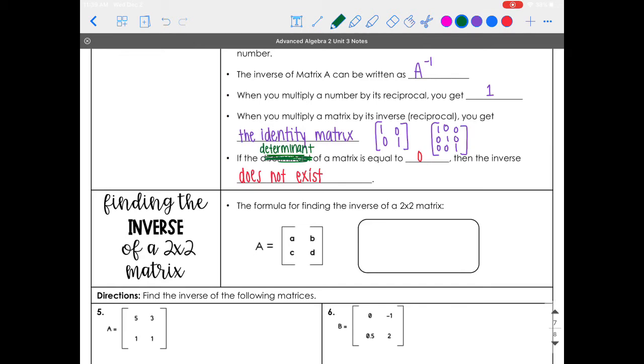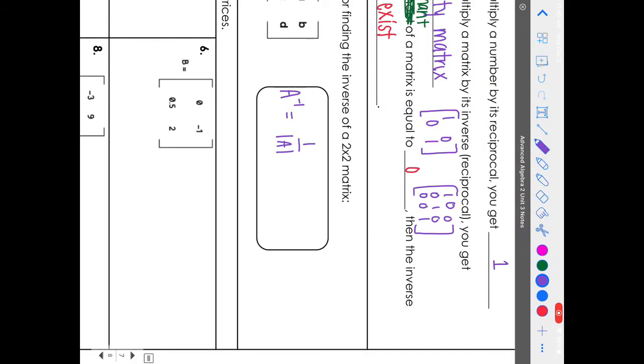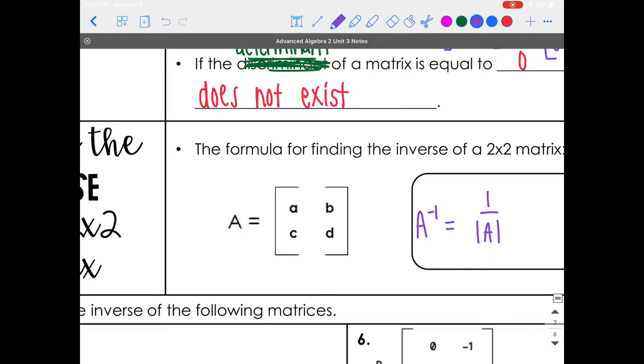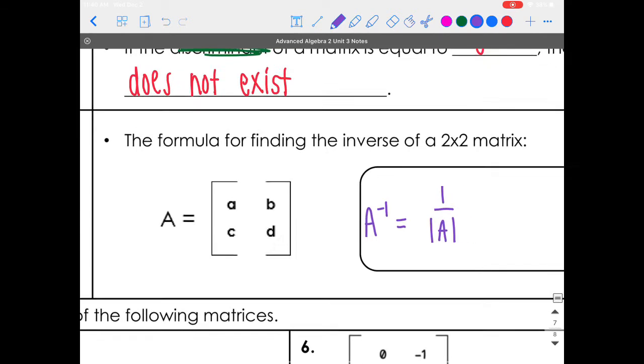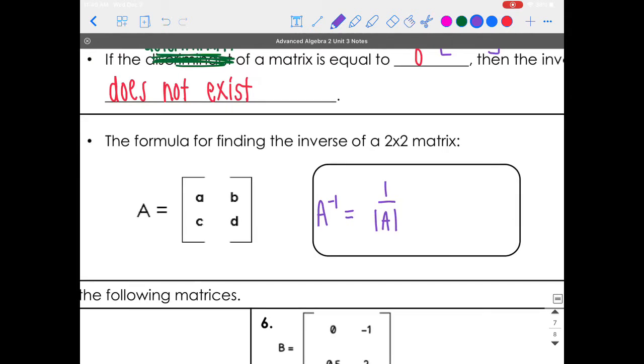All right. So I'm going to show you how to find the inverse. And it's not hard, but it's just a few more steps. So we would say that the inverse of A equals 1 over the determinant, because we have to know the determinant in order to find the inverse, and then we multiply that by the matrix.